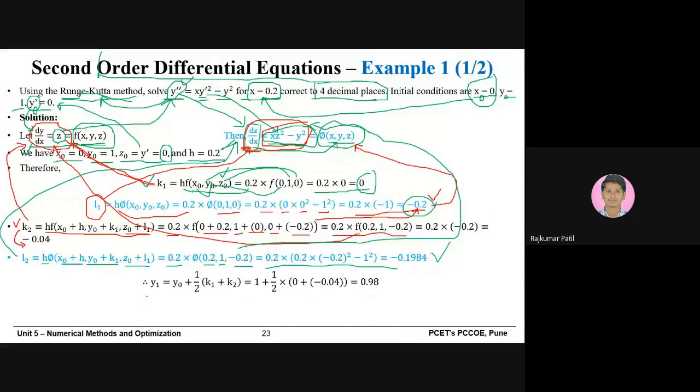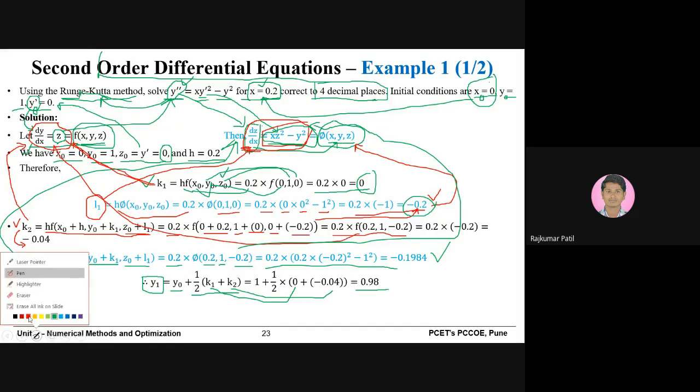Then you can calculate the value of y when x is equal to 0.2, and it is given by the equation y naught plus 1/2 (k1 plus k2), where k1 is 0 and k2 is minus 0.04, and you will get y1 as 0.98.